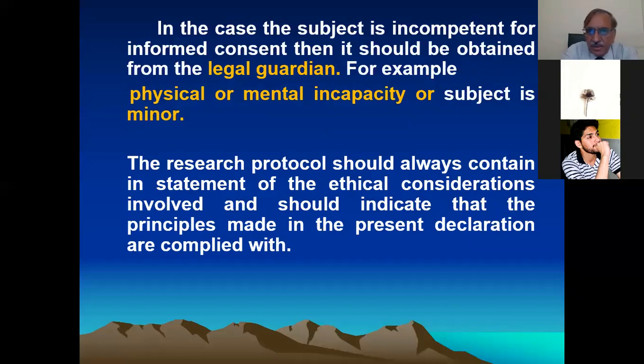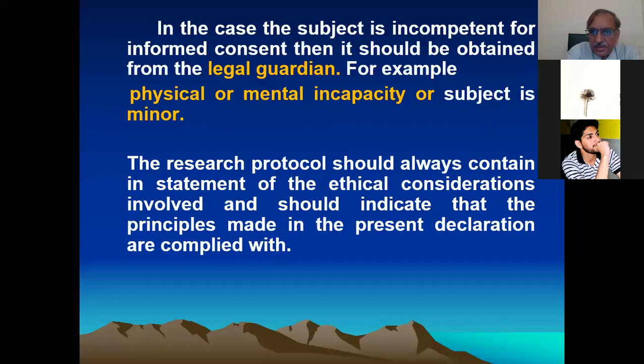The informed consent should be obtained from the legal guardian if the subject is not competent to give the consent. Competence means that the person, because of some mental incapacity, is not mentally fit, but may be included in the research.